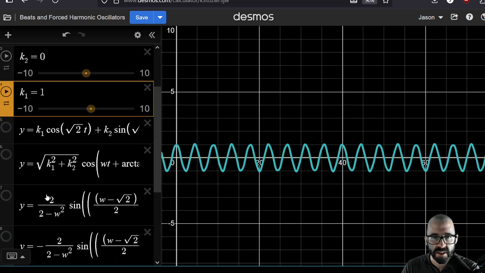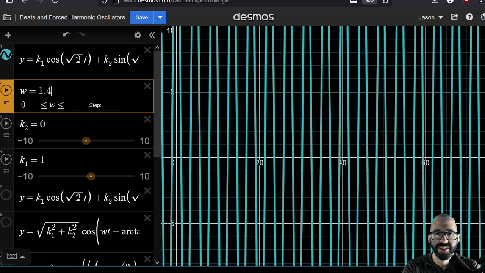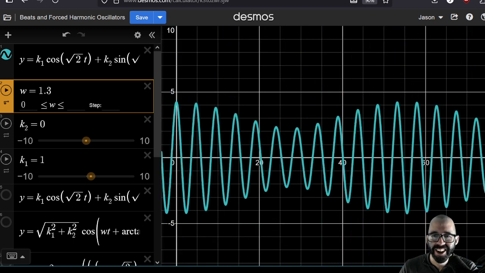We'll get rid of these guys. Okay, so if omega is really big, if the forcing frequency is so big, if the period's so short, the frequency is so big, then again, we have really no effect on the initial thing. But if that is very close to our natural frequency, it has a very large effect.